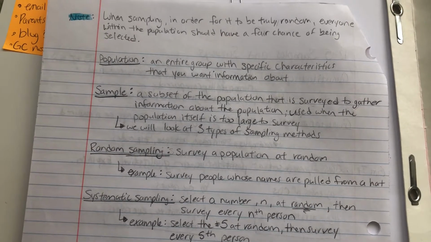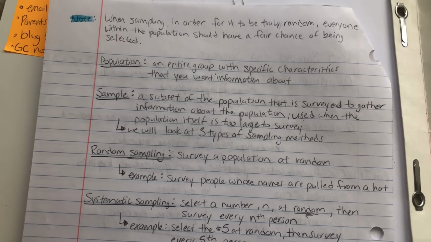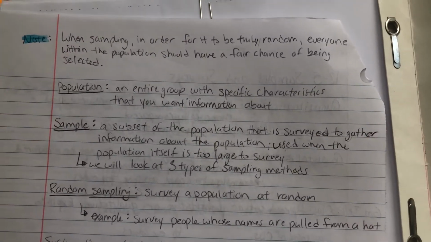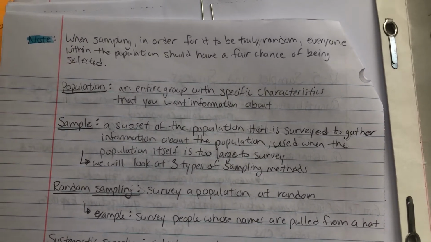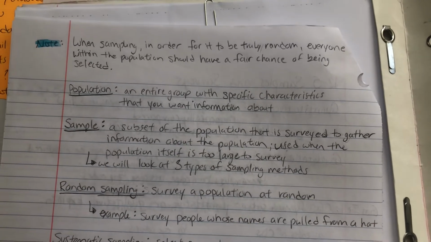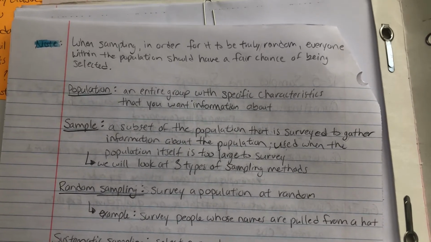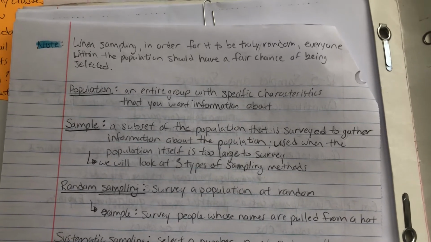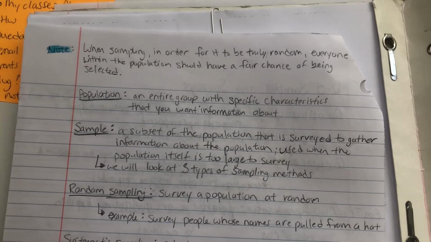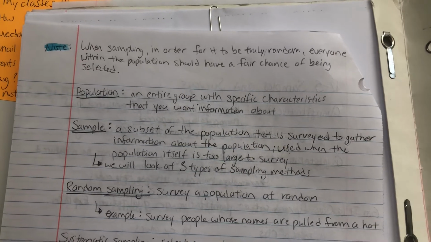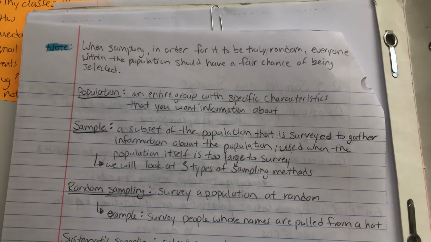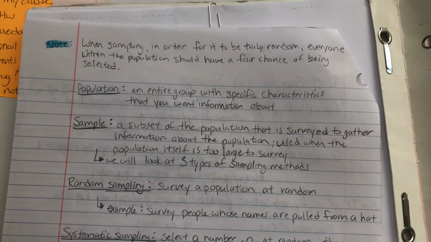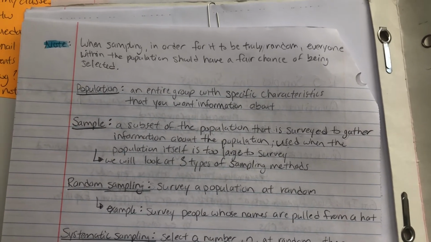To clarify a little bit more with population and sample, our population could be all the middle school students in District 186. A sample of that would be maybe 10 students from every class of every grade in our middle schools across the district. That makes our survey or our sampling method easier to approach.